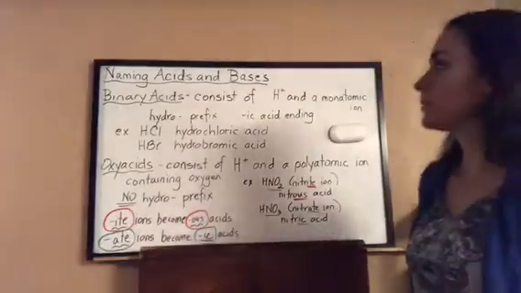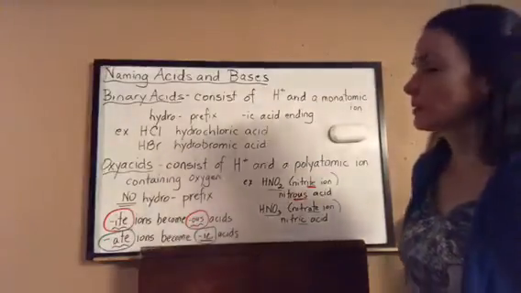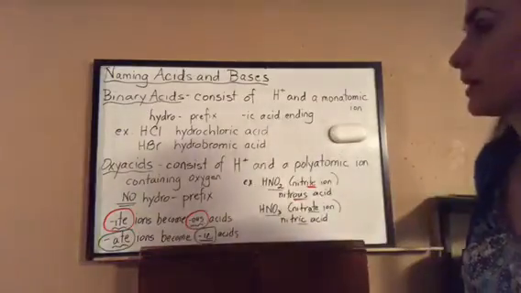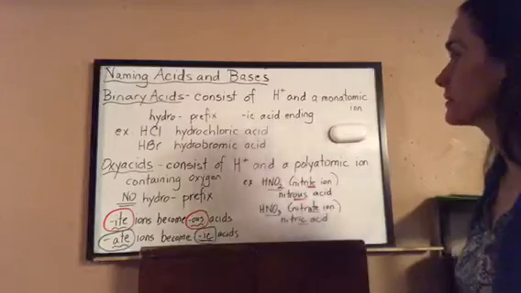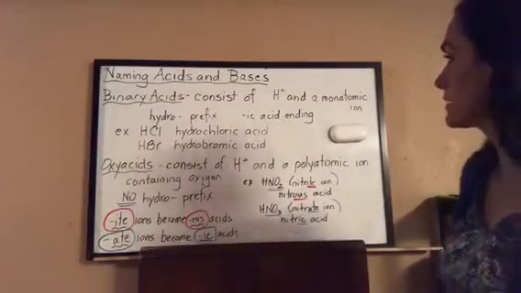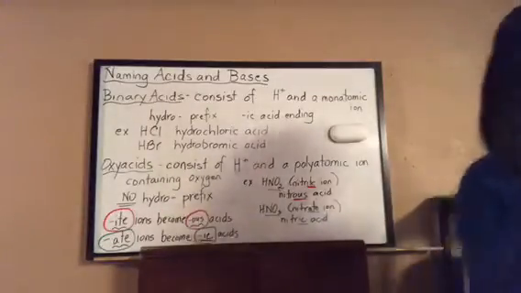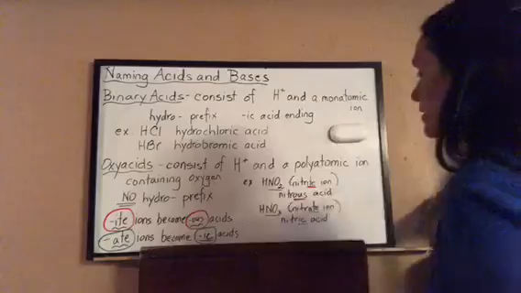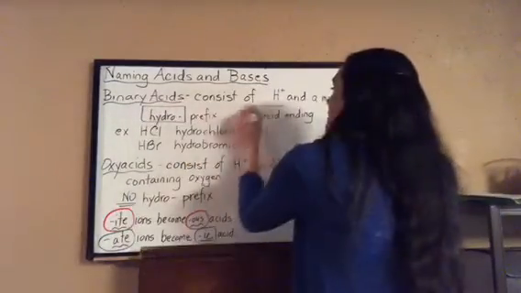Let's look at how we name acids and bases. Let's start off with naming acids. We have two categories of acids that we're going to learn how they are named. Binary acids consist of hydrogen ions and a monatomic anion. For binary acids, we have a hydro prefix and then an -ic acid ending.